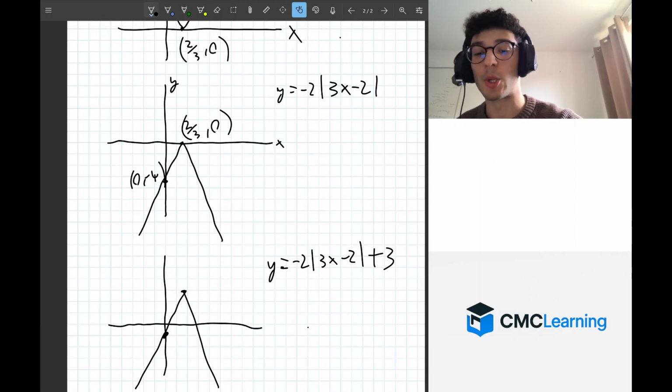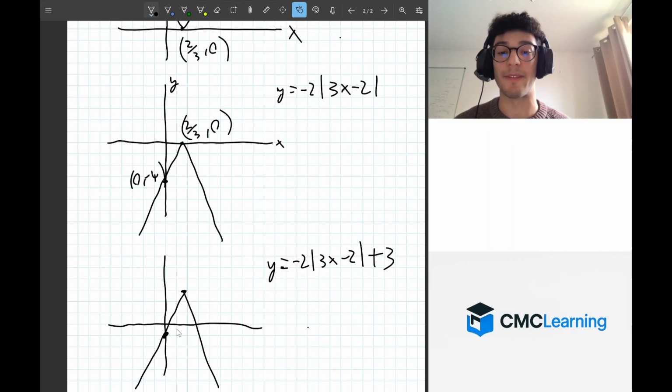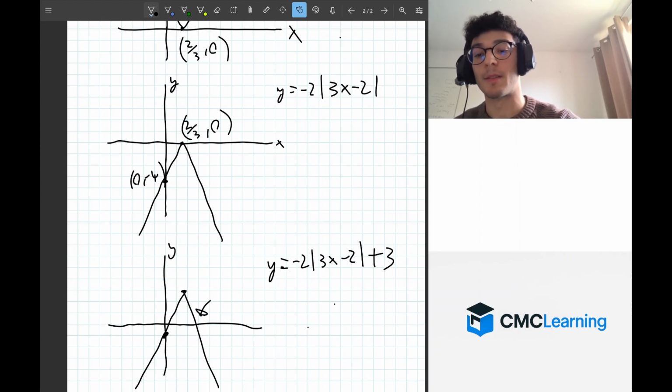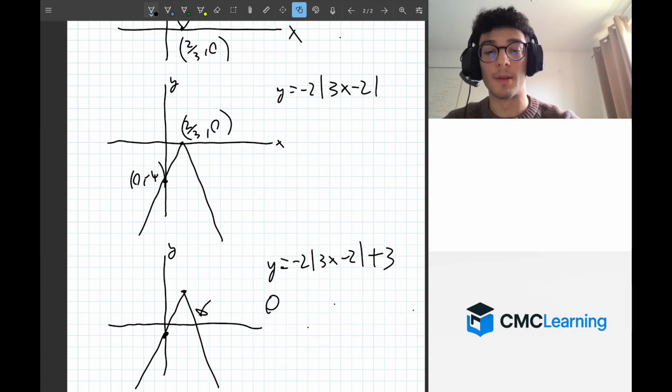Here we can see we have 2 new x coordinates. And as a little exercise for you, you could use Desmos to verify your work. See if it's possible to find out what these x roots are. Essentially, the value of this function when y is equal to 0. And this should give you the value of those roots. And like I was saying, use Desmos or some sort of graphing calculator to see if you get the correct answer.